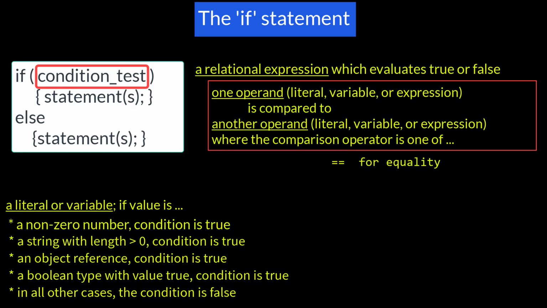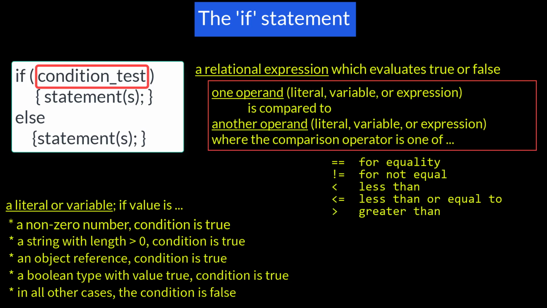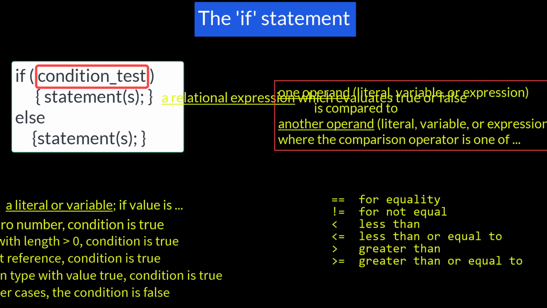Double equals for equality, that is, they have the same value after any necessary type conversions. Exclamation equals for not equal. A less than sign for less than. Less than equal for less than or equal to. Greater than for greater than. And greater than equal for greater than or equal to.